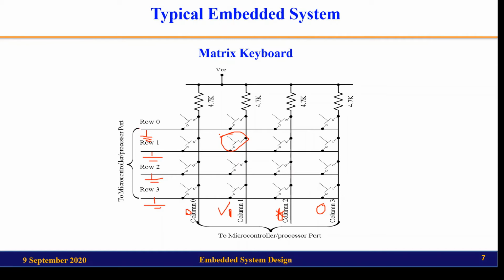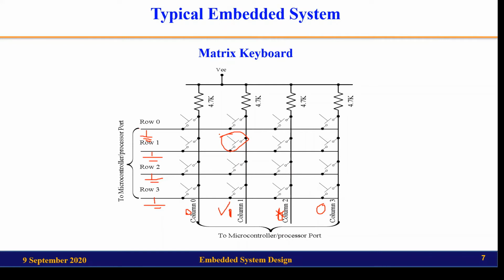For that, first it will ground only row 0. Only row 0 is grounded and all others are not grounded. Then it will once again scan the readings of that column.